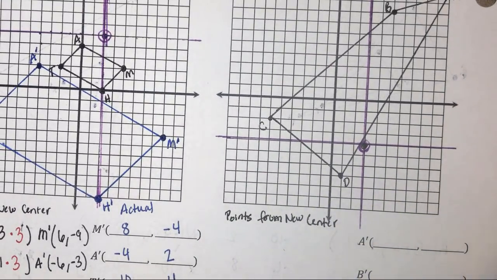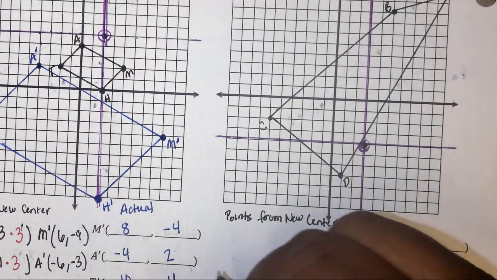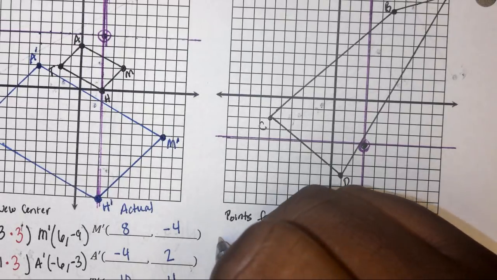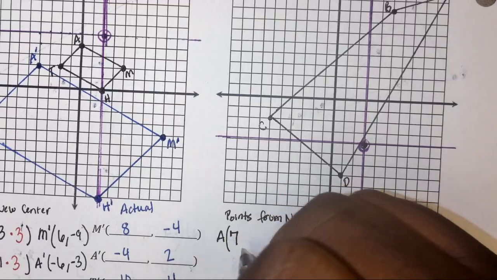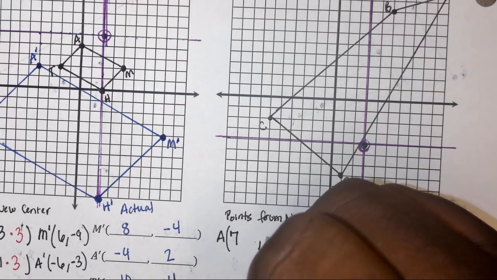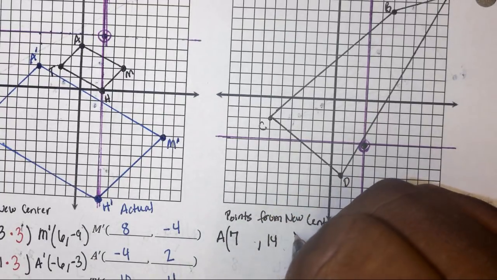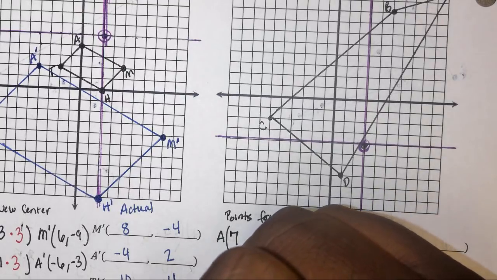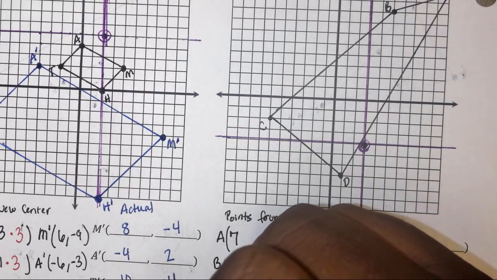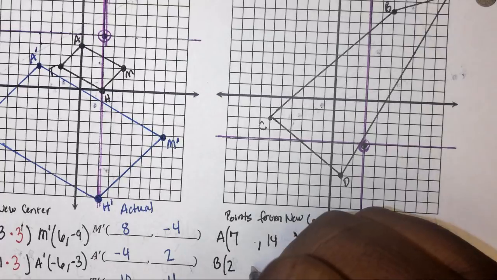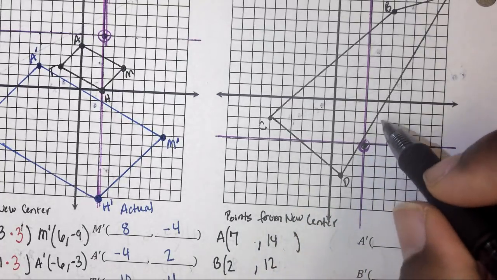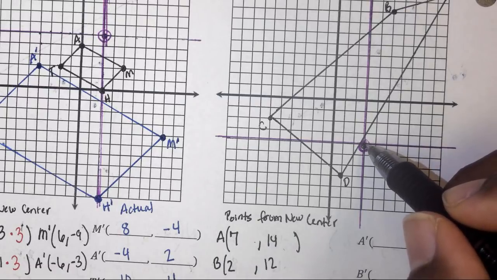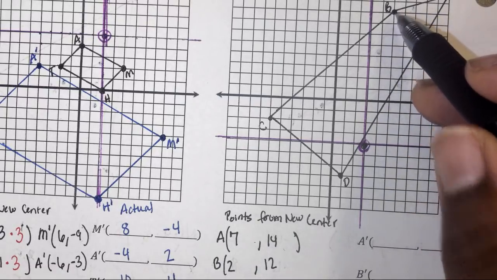Doing it out here, and grabbing our points. A is going to be at (7, 14). B is going to be at (2, 12). All of this is from the center. I'm just counting from the center. From the center it's over 2, up 12.